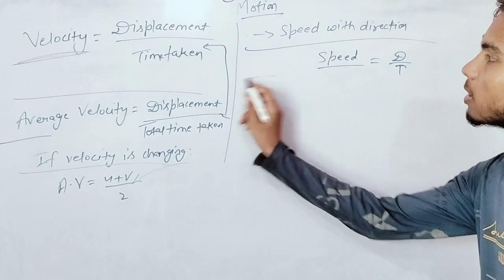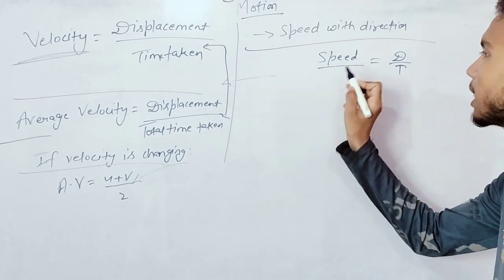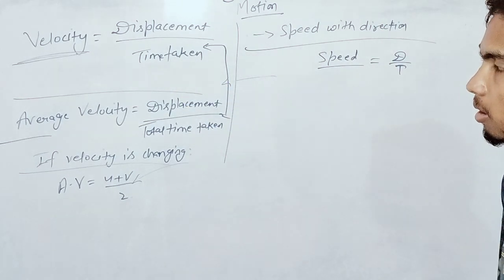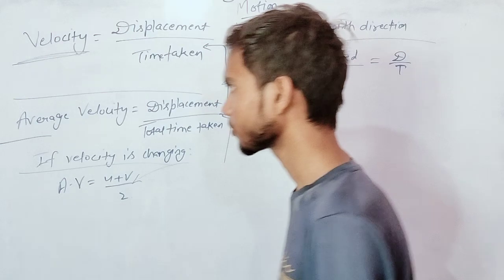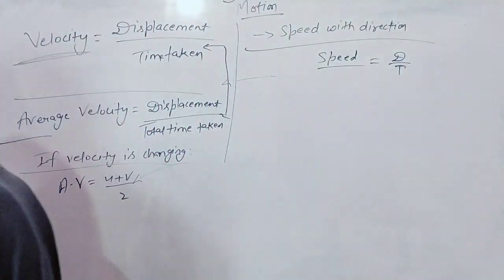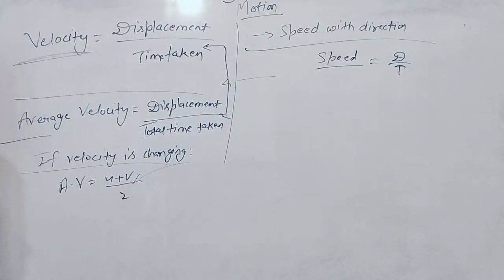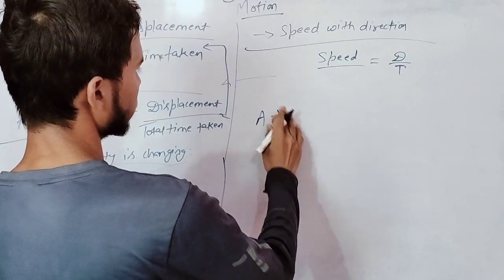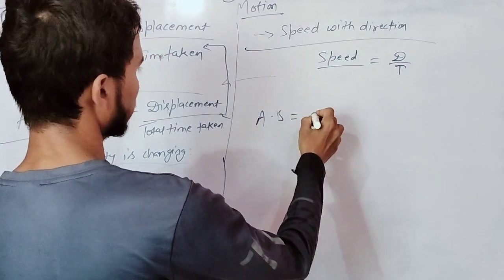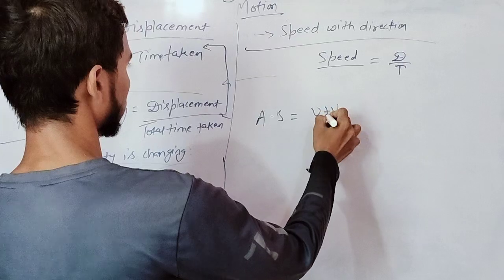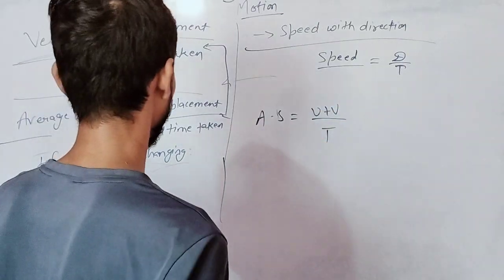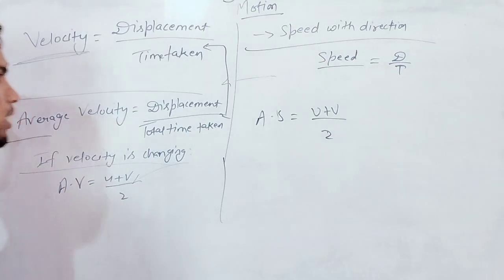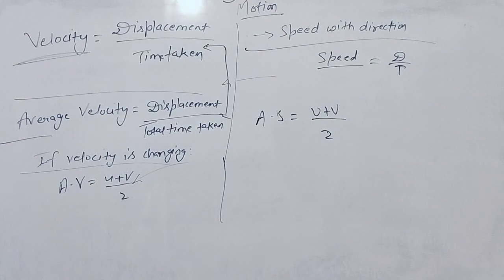So what's the difference between them? One has a distance, the other does not; it has a displacement. Average speed also takes u plus v. Now you are observing what's the difference between average speed and average velocity?